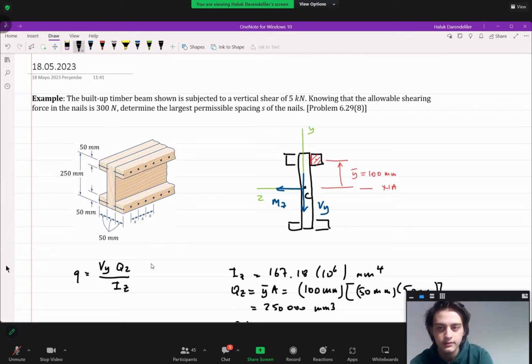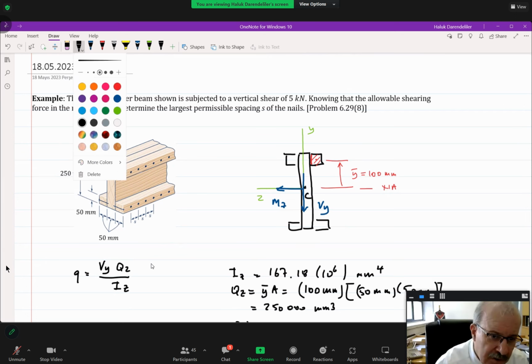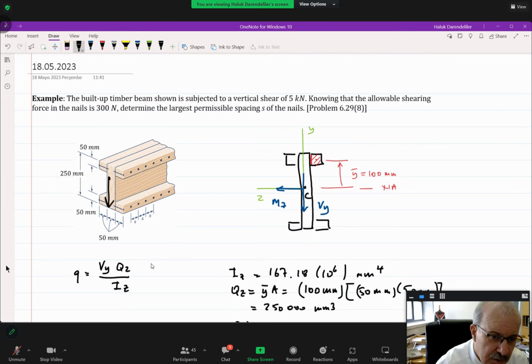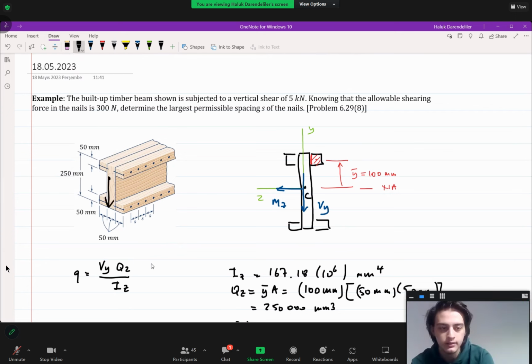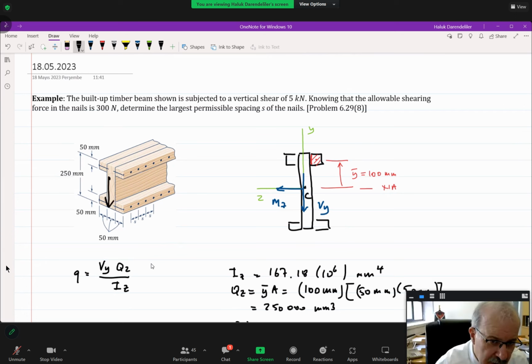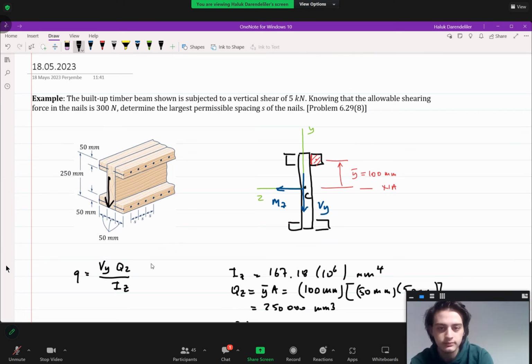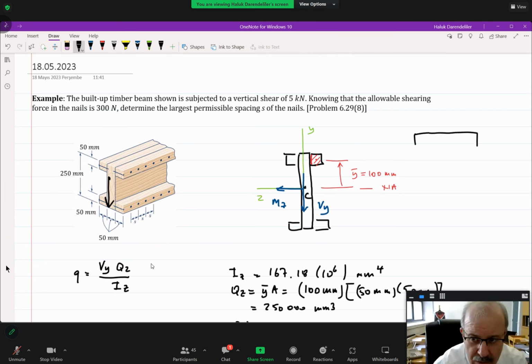On the cross section of the body there is one shear force. It is in this direction. Right. This is the shear force. Is this clear? This shear force creates shearing stress on this cross section. The shearing stresses on the cross section are as follows. I am assuming there is no pin.